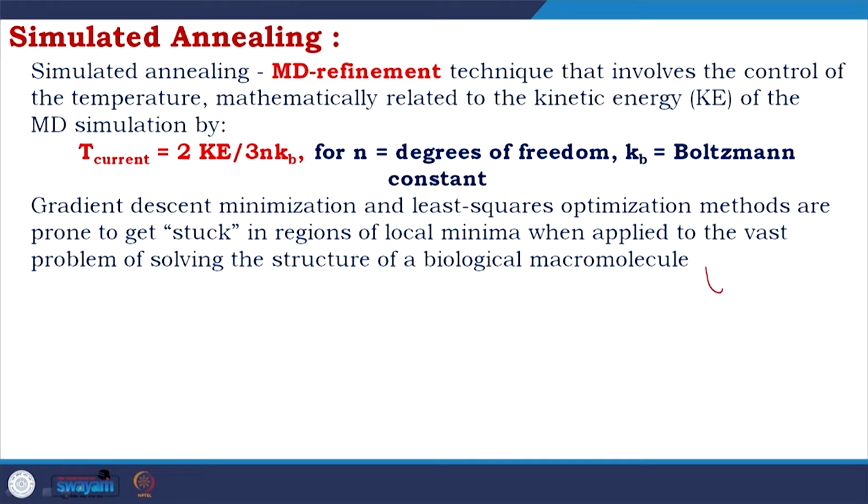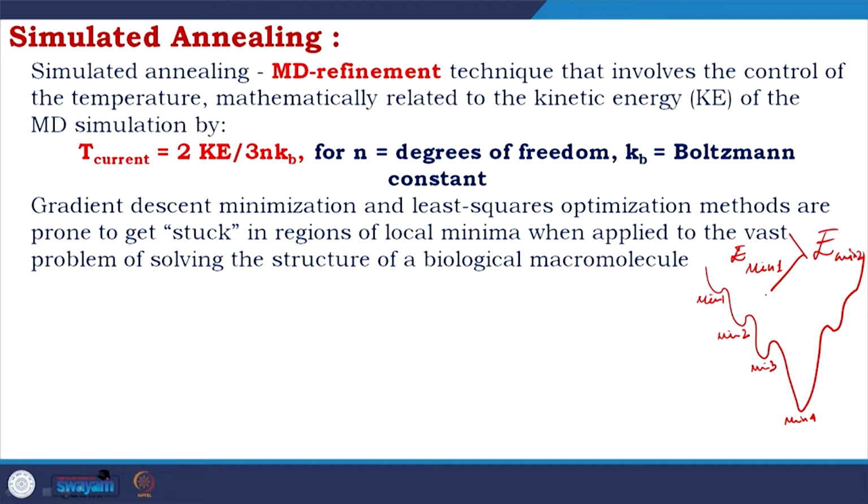Suppose we are talking about a protein. I talk about that there are different minimas: minima 1, minima 2, minima 3, minima 4, other minimas there. Now, you can easily understand that the energy of minima 1 is greater than the energy of minima 2.